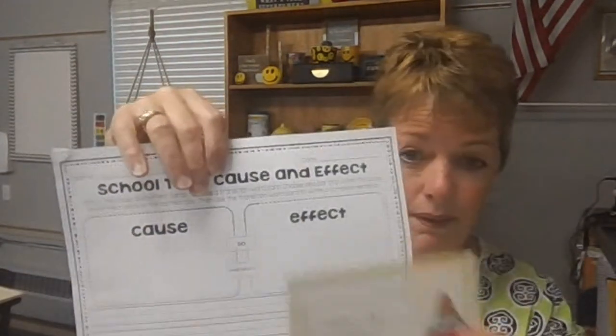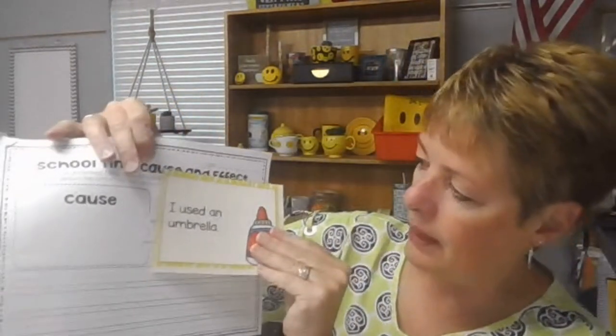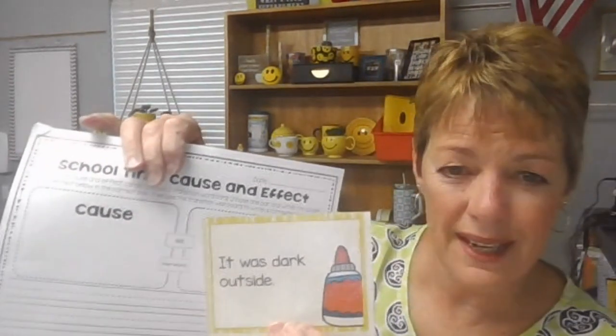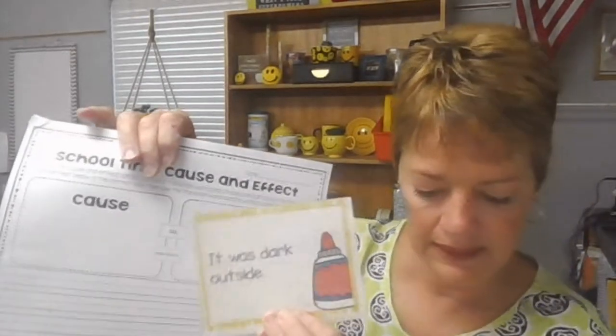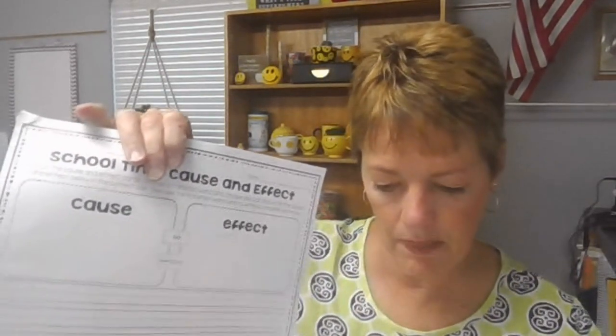So I used an umbrella, or I need an umbrella, or no, I used an umbrella. That doesn't make sense. So we need to find a different glue bottle. I touched a hot pan, therefore it was dark outside. That doesn't make sense. I touched a hot pan.